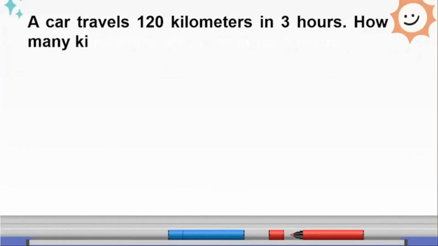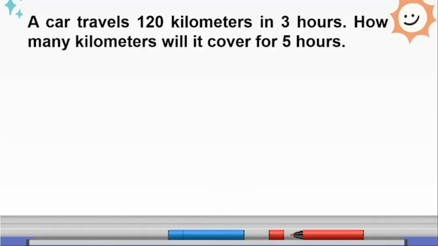A car travels 120 kilometers in 3 hours. How many kilometers will it cover for 5 hours? As you can see at first, 120 kilometers. So we are comparing here kilometers to hours. So we can write or set up the proportion. This can be easily identified that this problem is a direct proportion kasi yung hours tumaas ng 5 to 5.